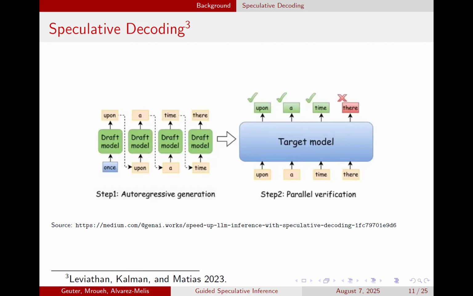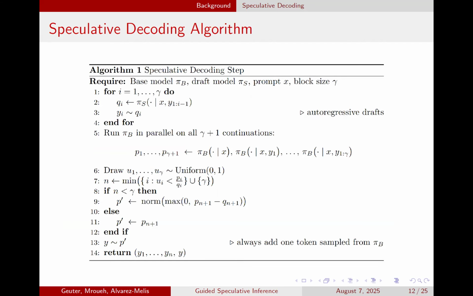So what this looks like in code, we don't have to go through all the details, but essentially, for each iteration of speculative decoding, you generate gamma tokens autoregressively from the small model. That's lines 1 to 4. Once you have these tokens, y1 to y gamma, you can feed the prompt x and this entire response y1 to y gamma into your big model in parallel.